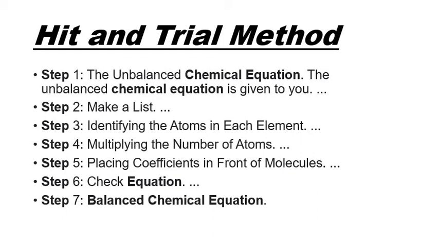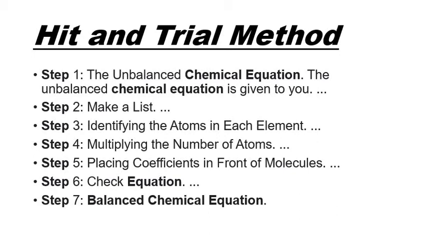A chemical equation in which the mass of the reactants and products is not equal, and the number of atoms in reactants and products is also not equal, is called an unbalanced equation or skeletal equation. I am repeating, the number of atoms on the left hand side is not equal to the number of atoms on the right hand side.